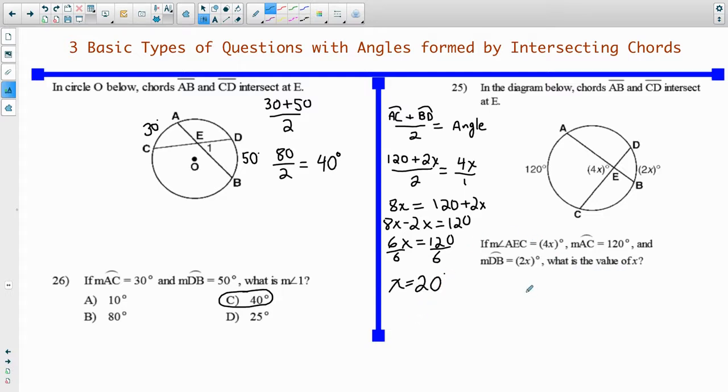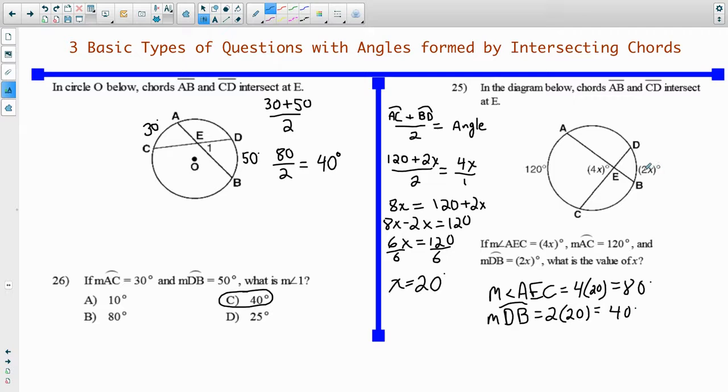And that really is all they were asking for here. But of course, we could go on and figure all the different parts out now. We could say that the measure of angle AEC is equal to 4x, so 4 times 20, which would be equal to 80 degrees. We can also say that the measure of arc DB is equal to 2x, so 2 times our x, which is 20, which would be equal to 40.